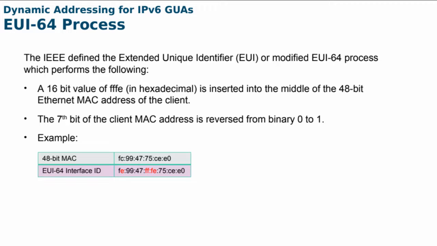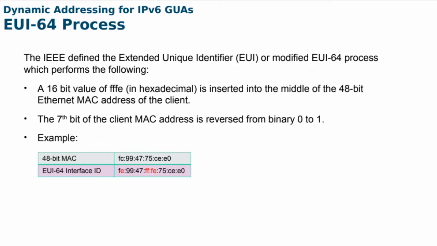It will insert a 16-bit value, meaning 4 hexadecimal digits, into the middle of the 48-bit MAC address of the client. You know your MAC address, they will insert into it a 4-digit hexadecimal number. And the 7th bit of the client MAC address is reversed from binary 0 to 1.